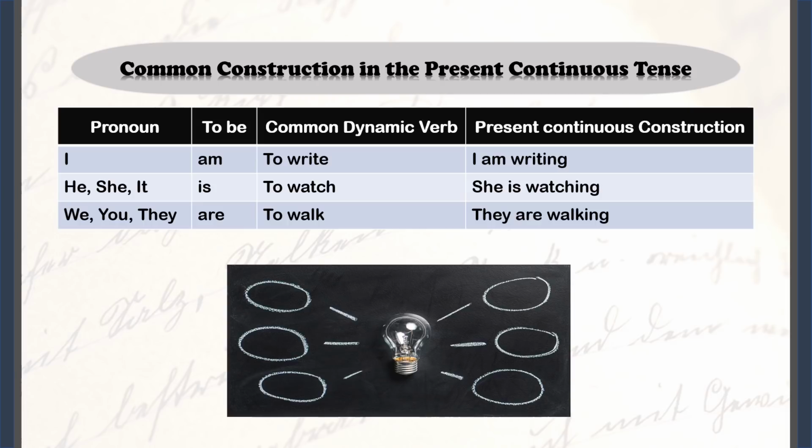With pronouns we, you, they, the to be verb will be are. Common dynamic verb taken here is to walk. Present continuous construction will be we are walking, you are walking, they are walking.